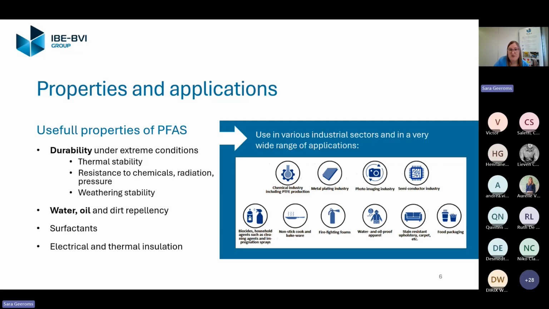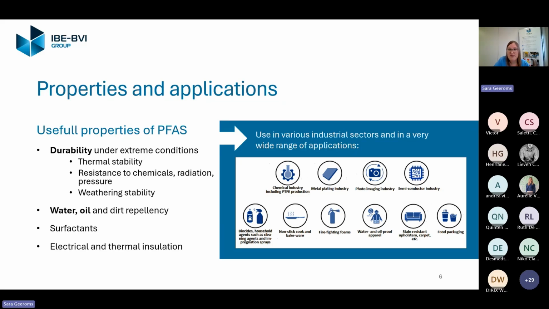For instance, that is why they are used in flame retardants or solar panels. PFAS also cause water, oil, and dirt repellency, which gives applications in non-stick cookware, textiles, and furniture. They are also used as surfactants, for instance, in inkjet printing, and they have electrical and thermal insulation properties.